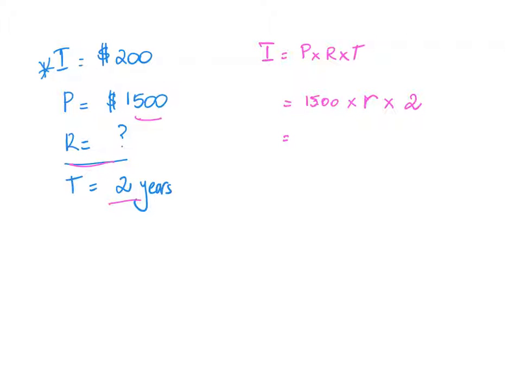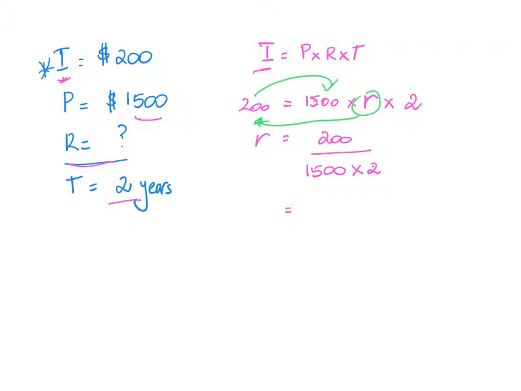And here we do know what our I is, which is our interest. It's 200. So now we want to move this amount over here, and this R needs to come over this way. In order to do that, we make this R equal 200 divided by 1500 times 2.